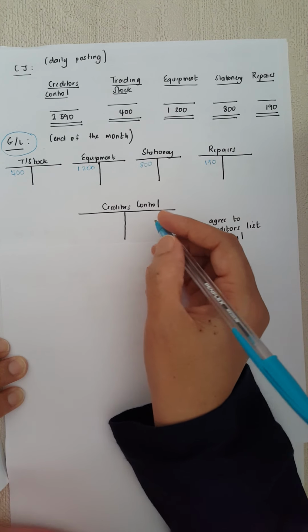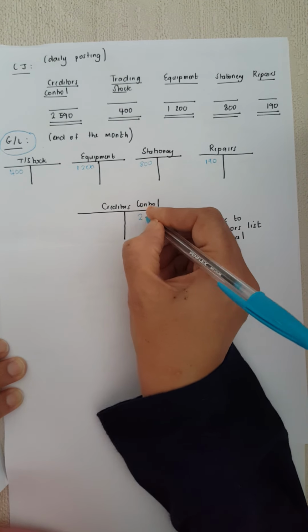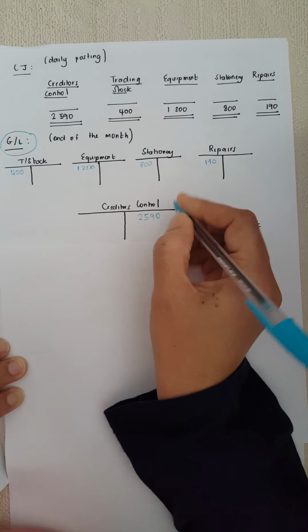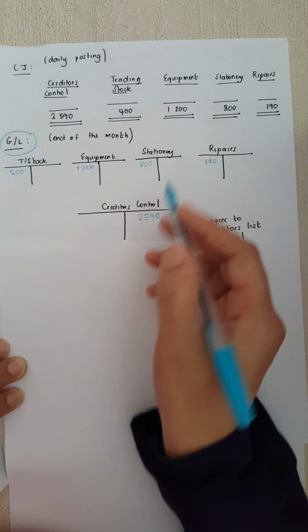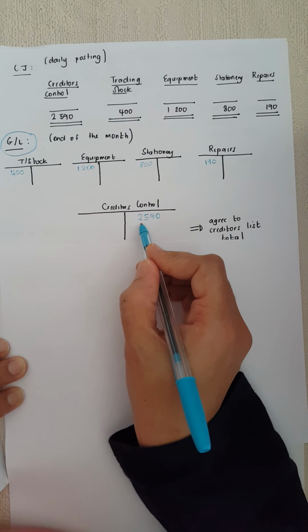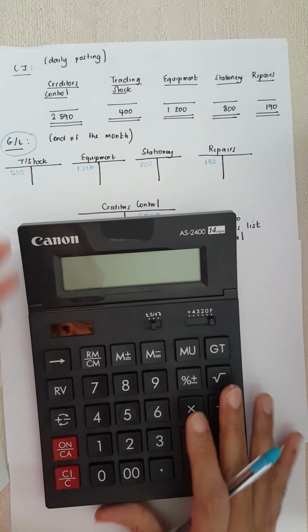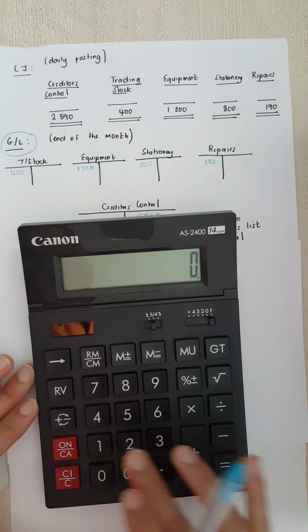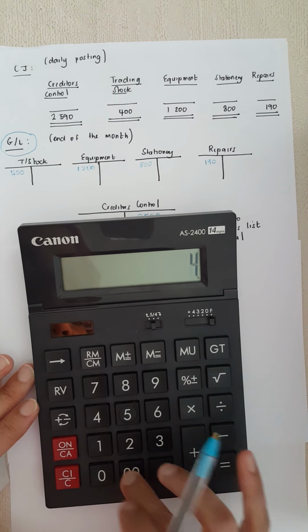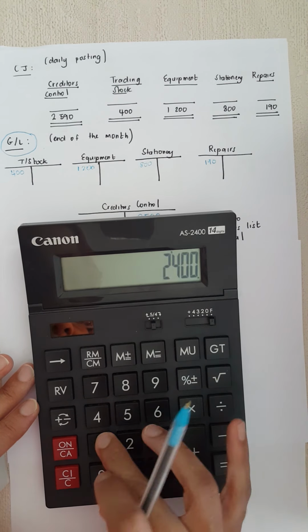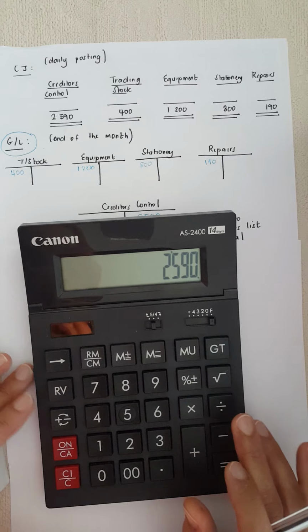And what is getting credited? The creditors control gets the credit of 2590, which means at the end of this month we are owing different creditors 2590. If I do a cross total check there, I have to say 400 plus 1200 plus 800 plus 190 gives me 2590.